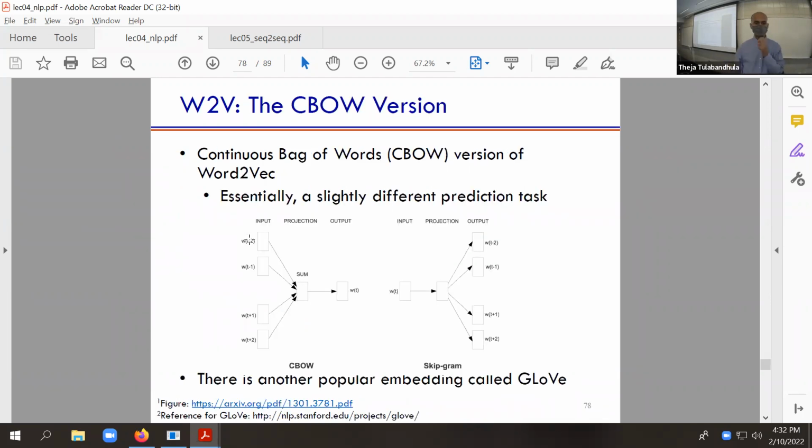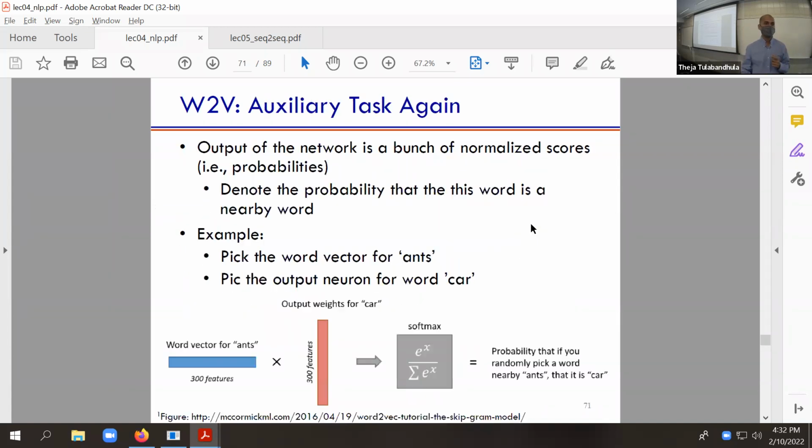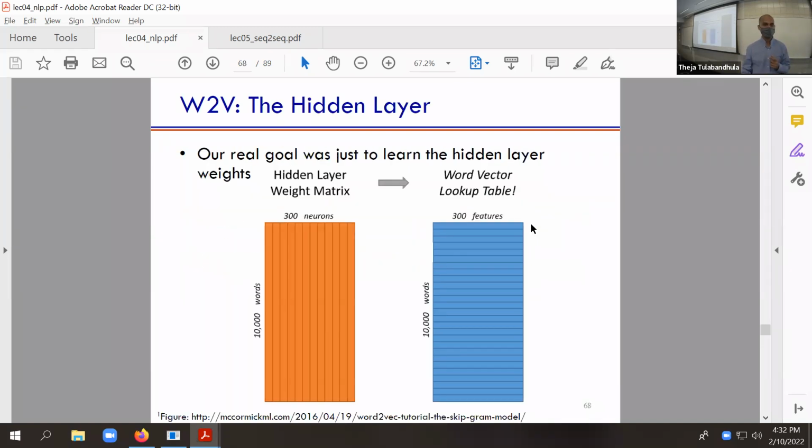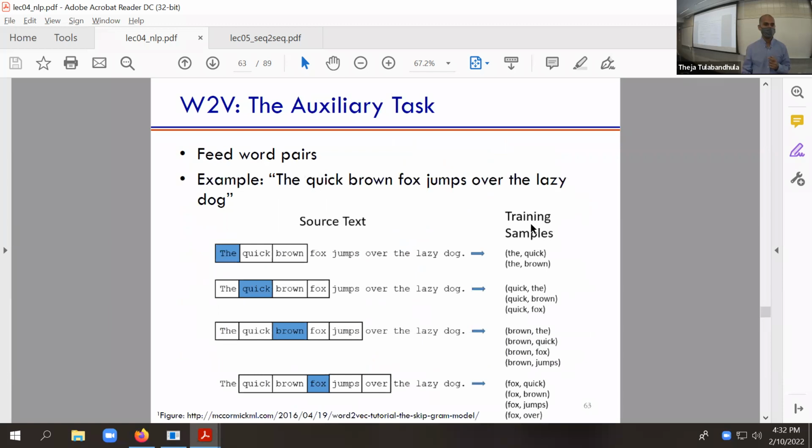One small comment about the second version, skipgram. I didn't mention what skipgram means. Gram is just, for historical reasons, from n-gram, 1-gram.